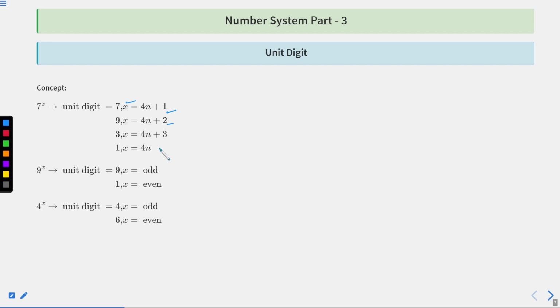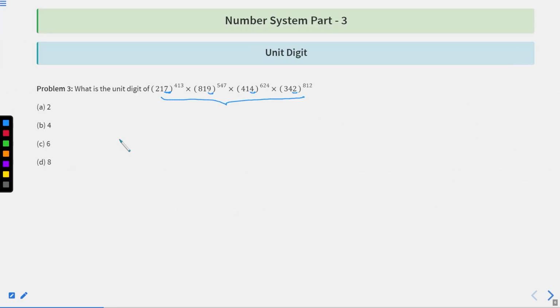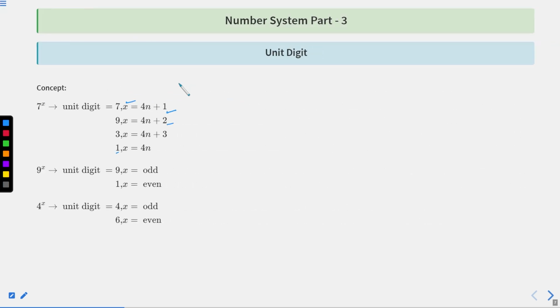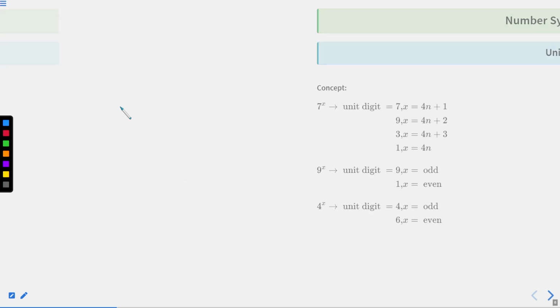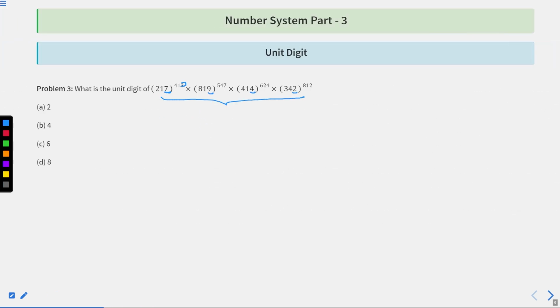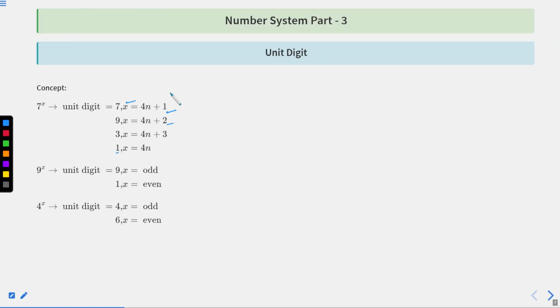And if the remainder is 0, then the unit digit is going to be 1. When you divide 413 by 4, the remainder will be 1. So the unit digit for the very first number, 217 to the power 413, is going to be 7.